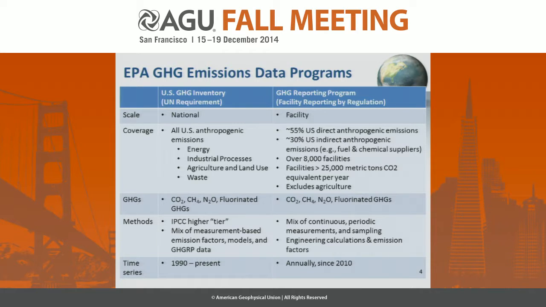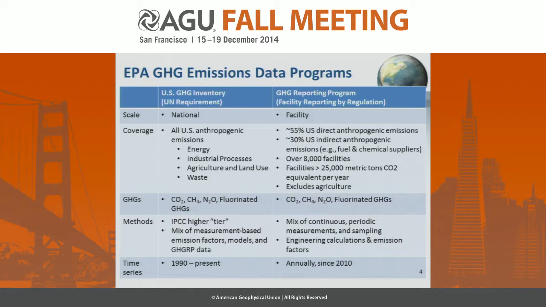We use a lot of national level activity data, so things like miles of pipeline, and then emission factors to apply to that activity data, so methane leakage per mile of cast iron pipeline, for example. And these are methods that are laid out in the IPCC guidance for greenhouse gas inventories. Again, it's a time series for the inventory, so 1990 to the present.